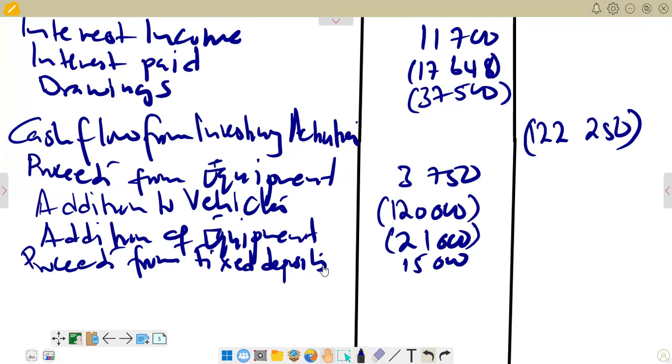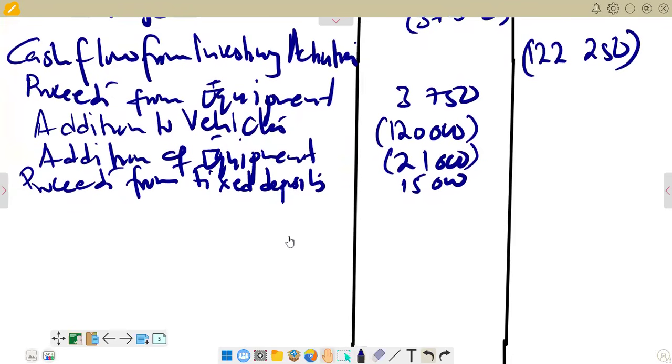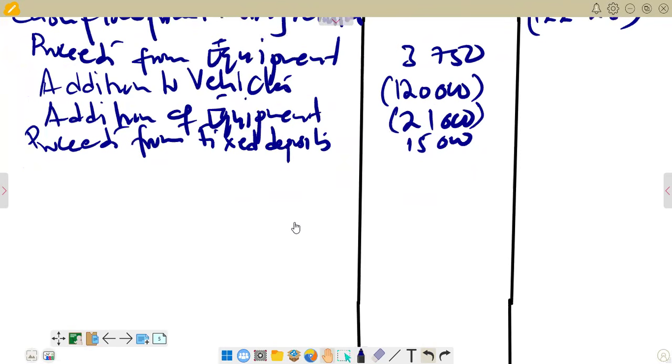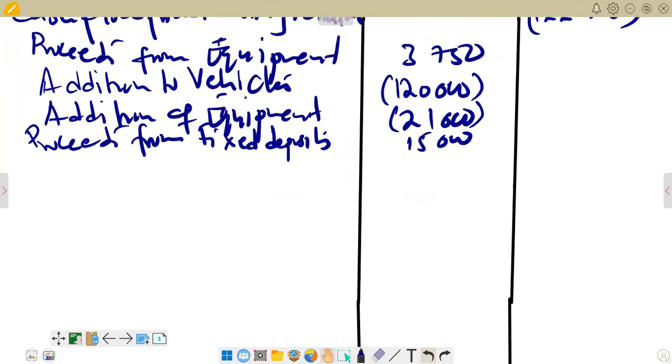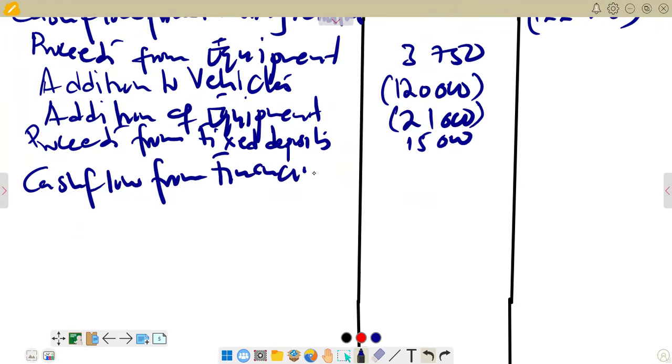So beneath that, we now go to cash flow from financing activities. So here we are saying cash flow from financing activities.